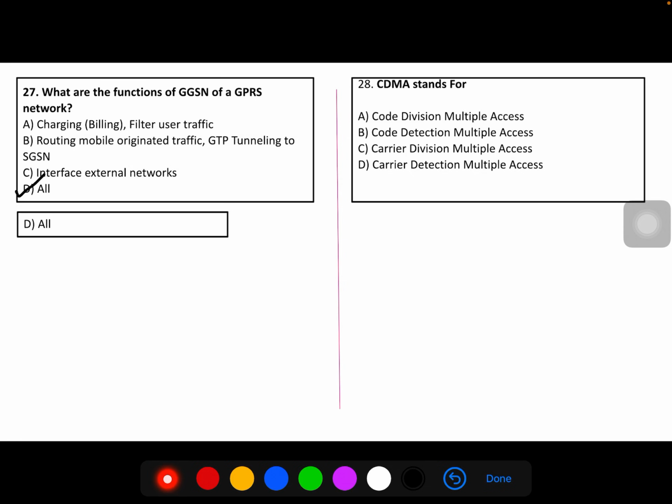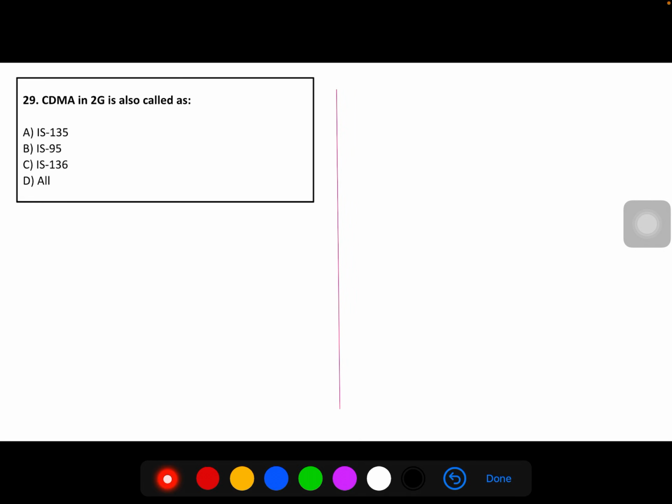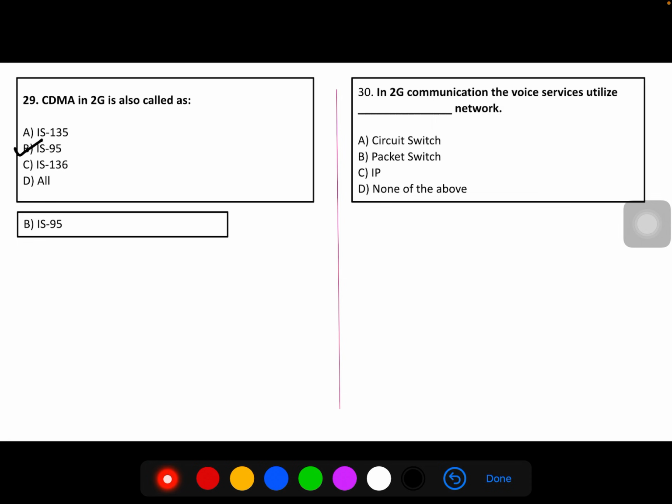Next question. CDMA stands for Code Division Multiple Access. So the correct option is A. Next question. CDMA in 2G is also called, so we all must know, IS95 in 2G. And in 2.5G, CDMA is called IS95B. But for the time being, the correct option is B. In 2G communication, the voice services utilize dash network.